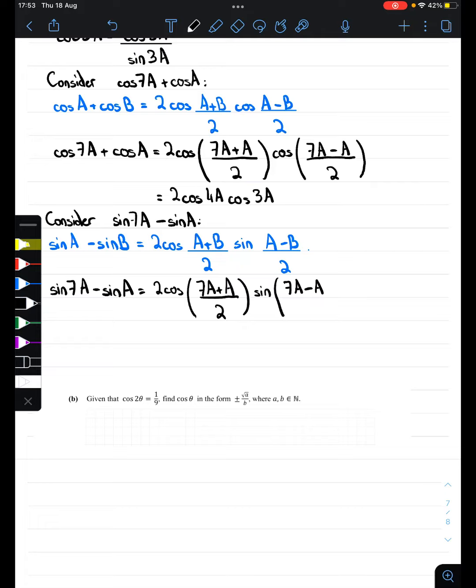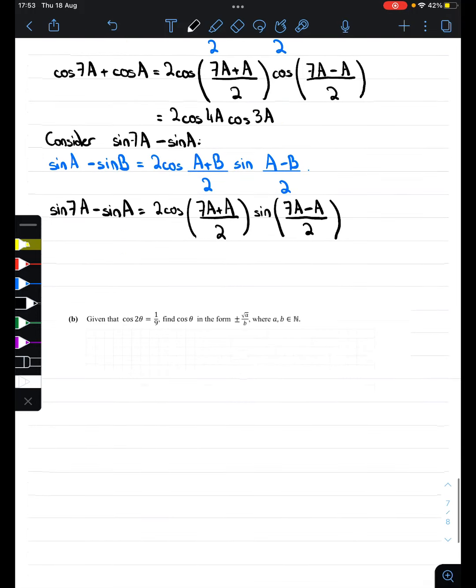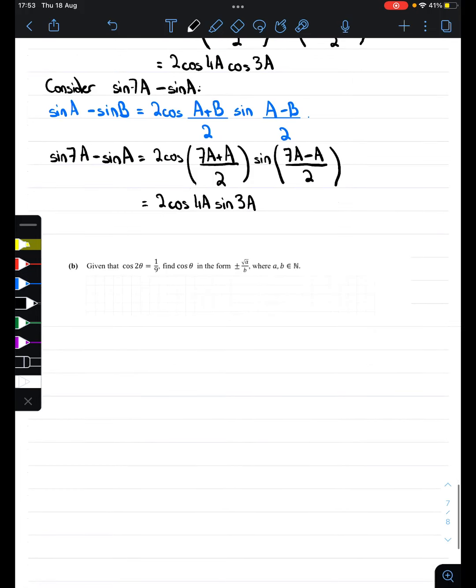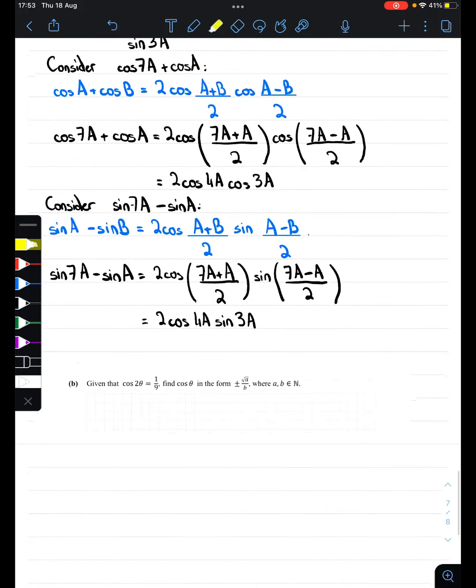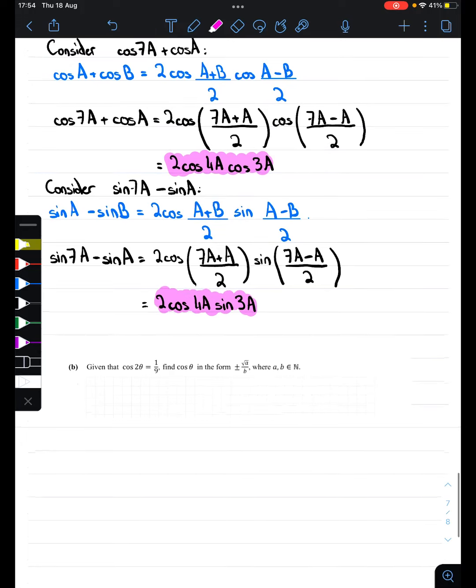And this will just simplify to 2 cosine 4a sine 3a. So we have the numerator and our denominator rewritten.